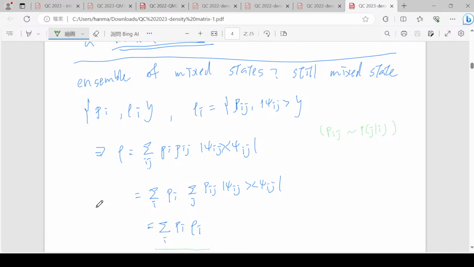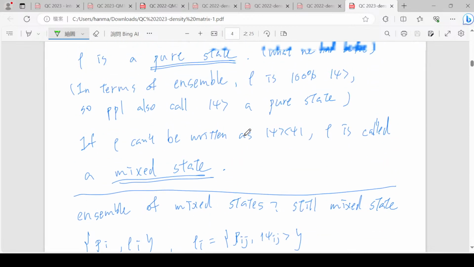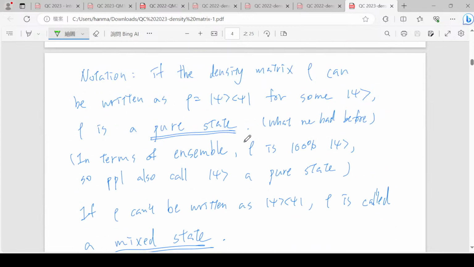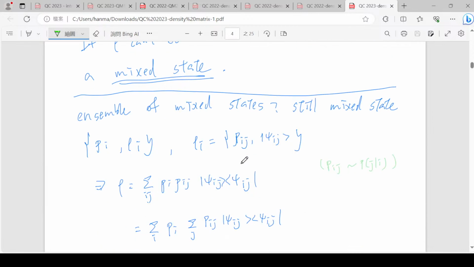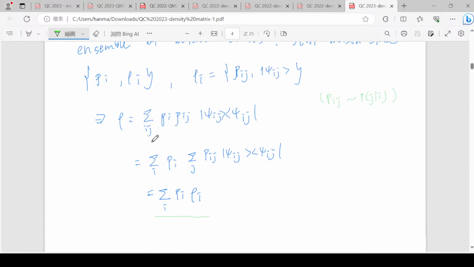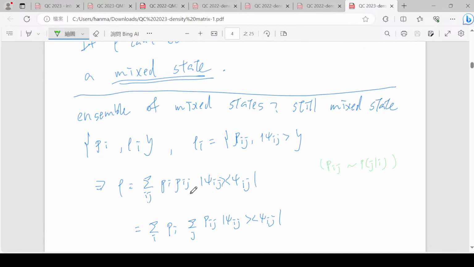Then let's see more properties of mixed states or density matrices. We started with saying density matrices describe an ensemble of pure states. But what about an ensemble of mixed states? If we have a probability mixture of a whole bunch of density matrices, what are they? It turns out they are still a mixed state, and we have a very easy formula to calculate it.